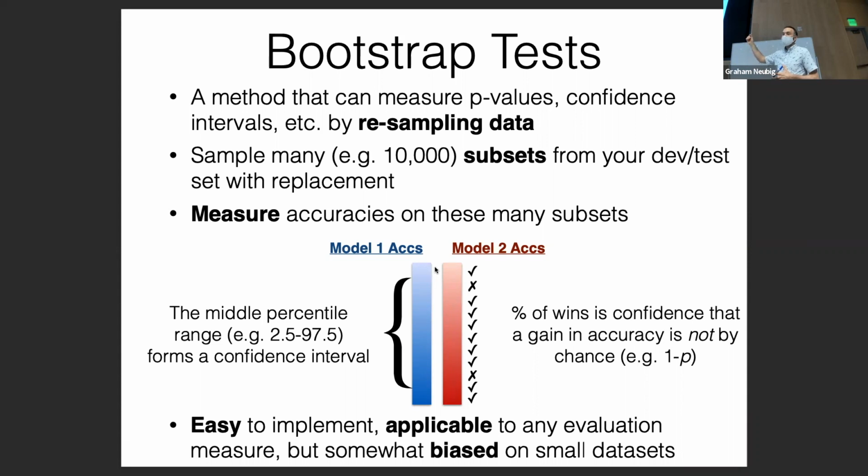What you can do is, this is maybe more complicated than I'm going to have time to go into in detail, but you can do things like hierarchical bootstrap tests, which are basically like you first sample a random seed, you run two models using that random seed, and then you sample the difference between them.